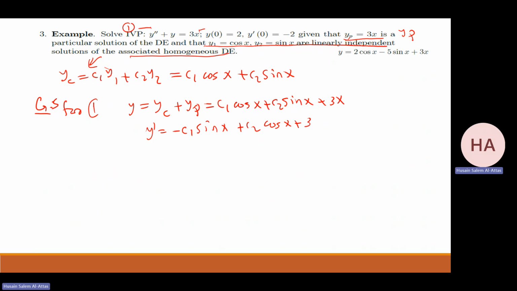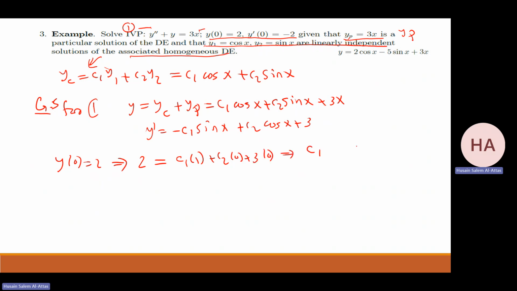Now, what are the conditions? These are the conditions. y at 0 equals 2, let me do it quickly. That implies 2 equals, cosine 0 is 1, so it will be c1 times 1 plus c2 times 0 plus 3 times 0.